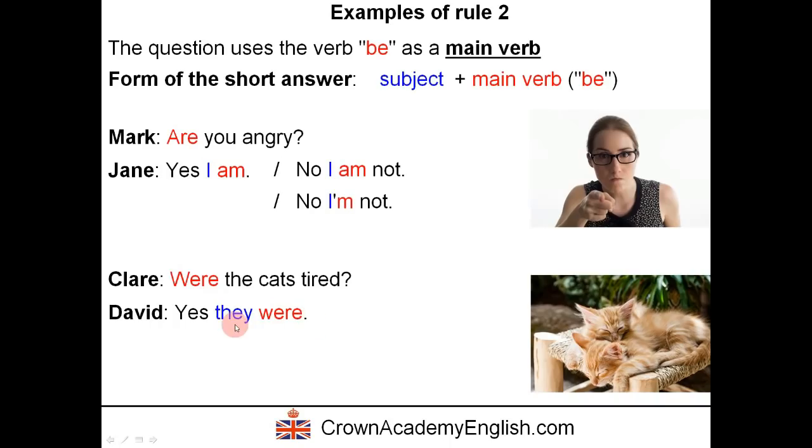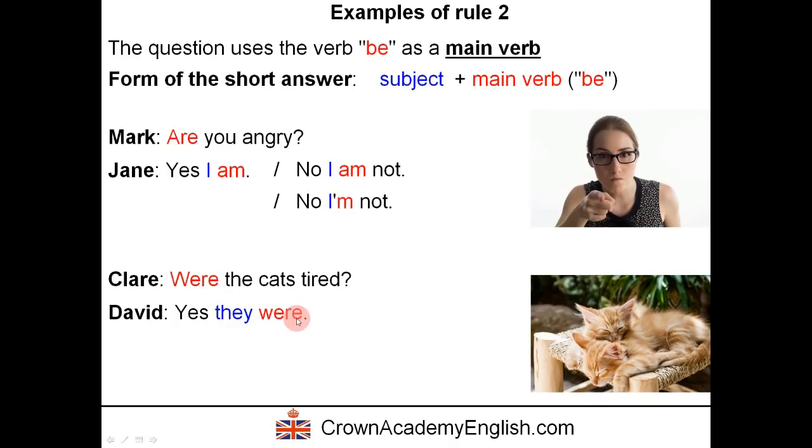Yes, they were. Notice here we replace the noun with a pronoun. And again, that is because we don't want to repeat the words from the question in the answer, because it is a bad style. So we replace the noun with a pronoun, they.